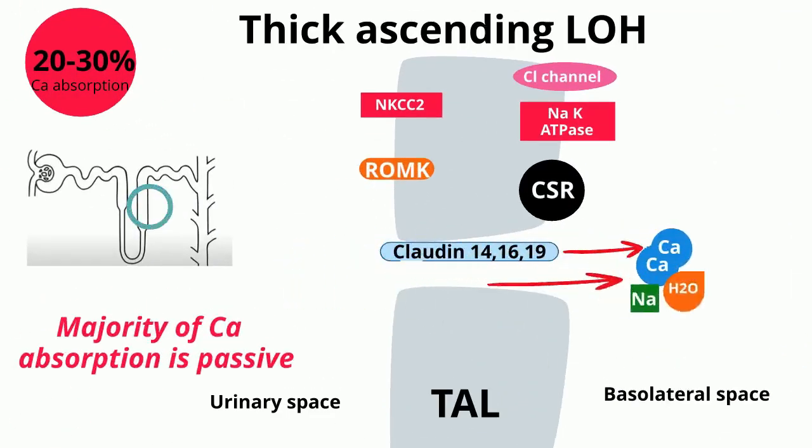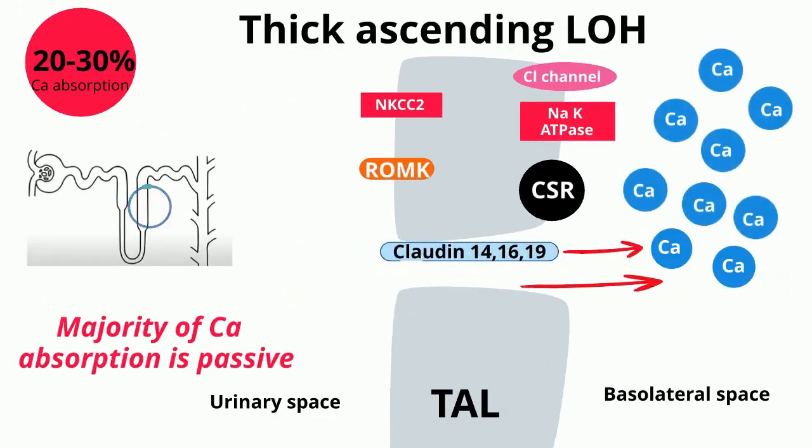If enough calcium gets reabsorbed here, this calcium sensing receptor detects that there's enough calcium in the blood. The calcium sensing receptor gets activated. This turns off parathyroid hormone. It stops further potassium release here at the ROMK channel.